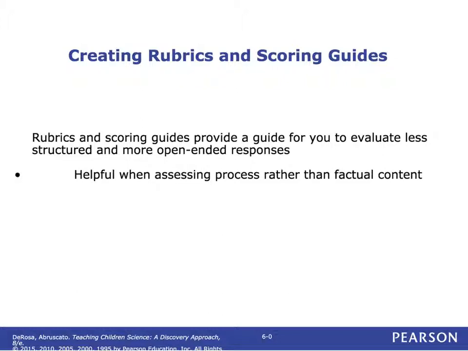These are helpful when you are assessing a process, like an inquiry-based process, for example, rather than just facts, like a test is testing for facts. If it's more open-ended and you're evaluating performance in a process, then a rubric is going to be very beneficial.